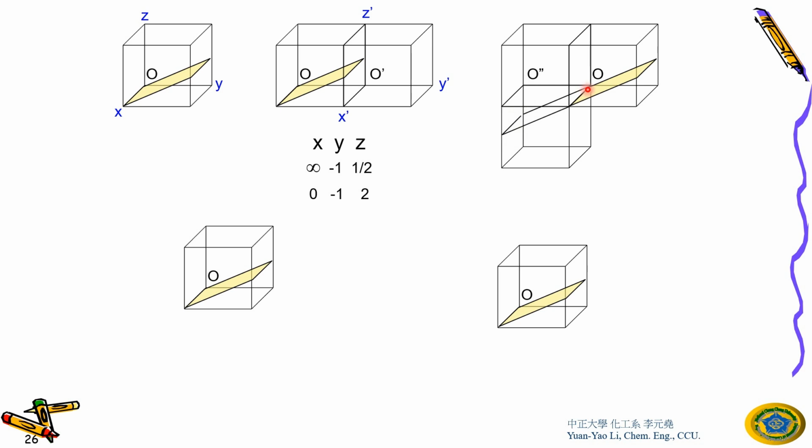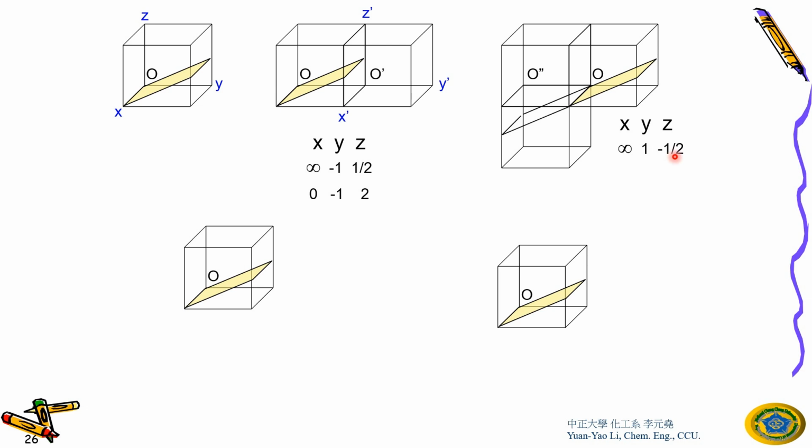For the y-axis, it is +1. So this side is negative, this is positive. For the z-axis, it's -half of z. So for x, y, z it will be infinite, +1 and -half of z.